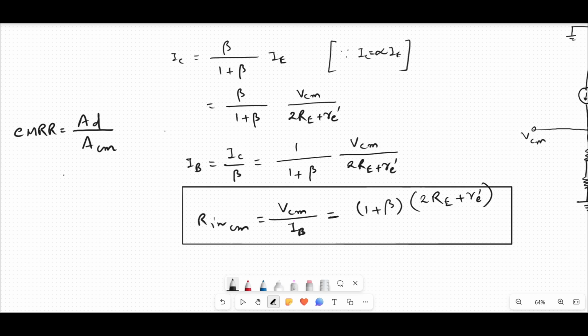Ideally this CMRR should be infinity because the value of the common mode gain should be 0 ideally. So that is all for the AC analysis of the common mode differential amplifier. I hope you have understood, and this completes your AC analysis for the differential amplifiers.